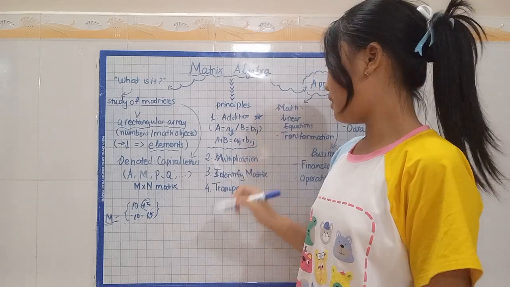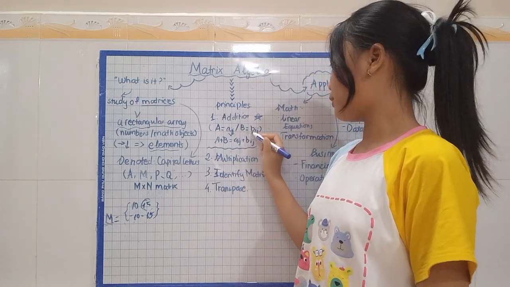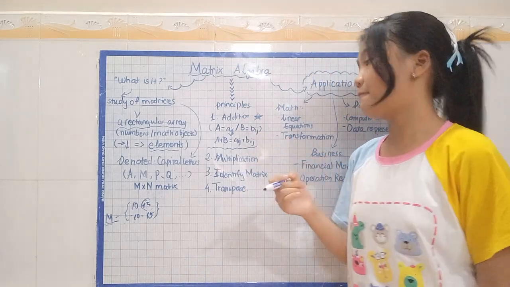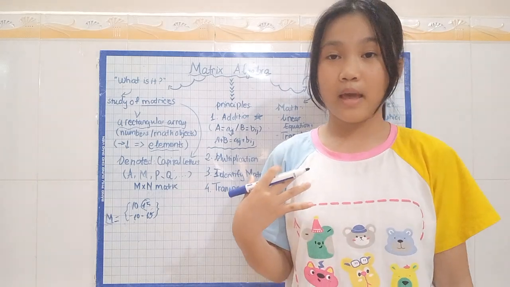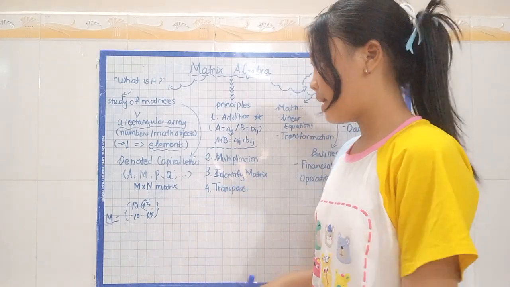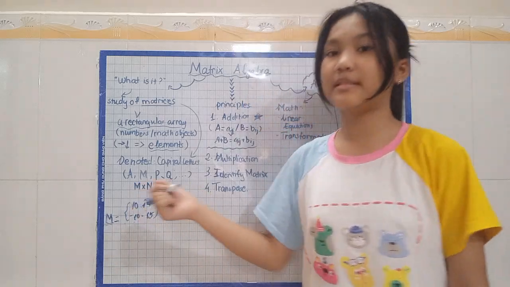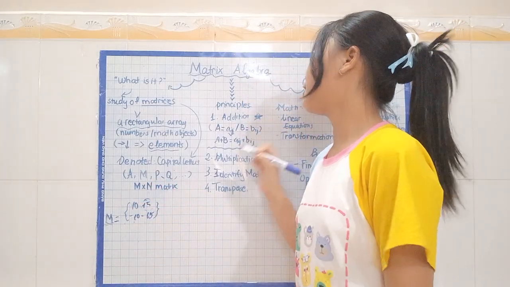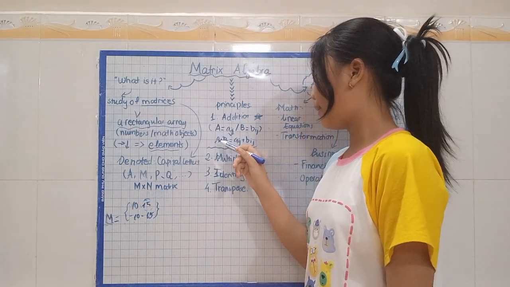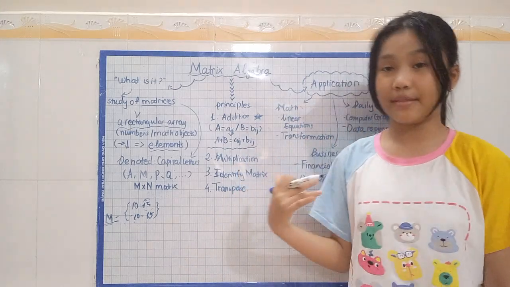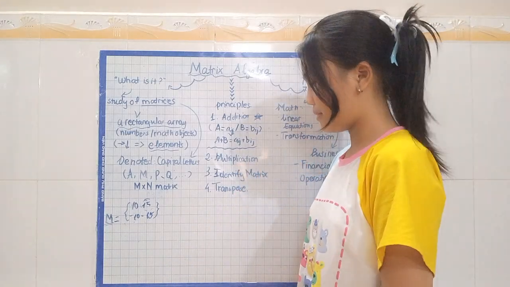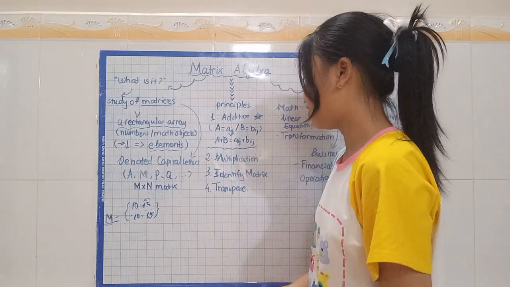We have B here, and B equals B_ij. If they have the same corresponding elements, like maybe 10 and 15, then those could be added, and like that, we could add A and B together. That's actually really simple.